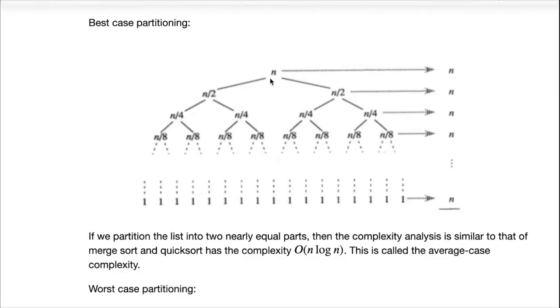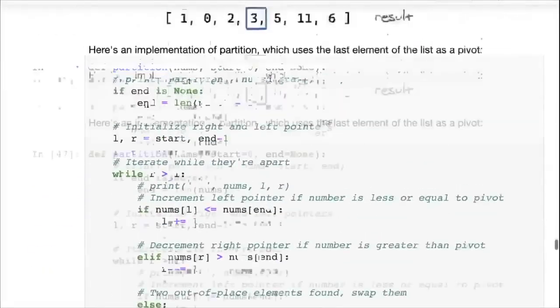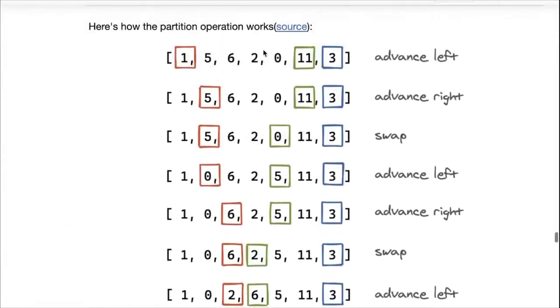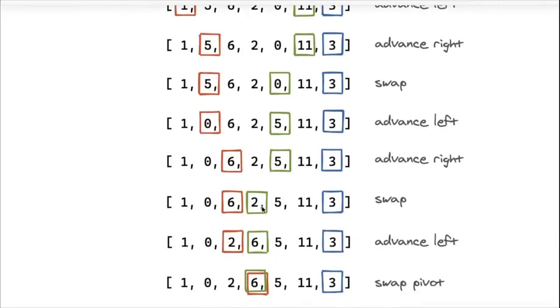I would say that the number of comparisons is equal to the size of the actual list. And you can see that here. You can see that we are going on comparing numbers like this. We are comparing each number to the pivot. So each number gets compared to the pivot exactly once, roughly. And that means that there are a total of n comparisons if n is the size of the list.